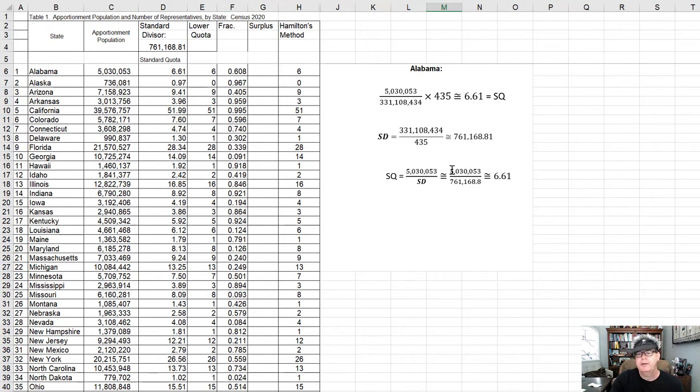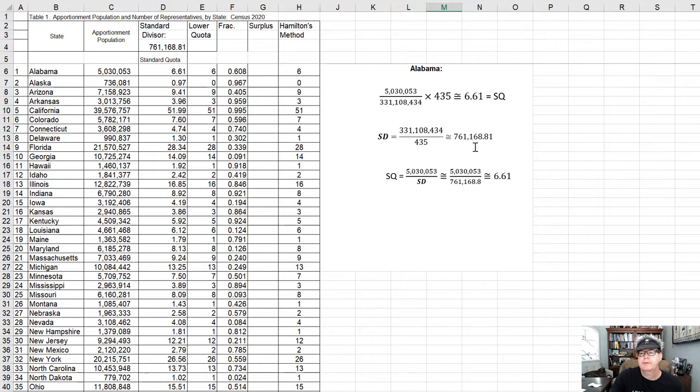Another useful way to do it is if you take the 331 million and divide by the 435 seats or units, then you can look at it, well, it's one seat for every 761,000 people is what we want to have ideally.